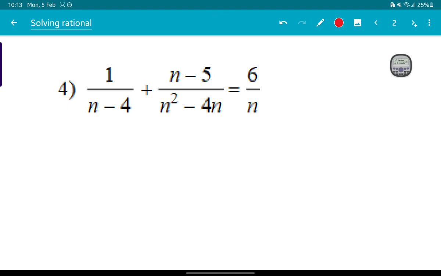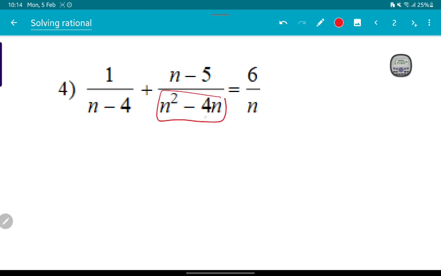Before we get the least common denominator, we need to factorize. If you multiply this by n, this will be like this. If you multiply this by n minus 4, we will have same denominators. But to know this, very simple, you need to factorize.